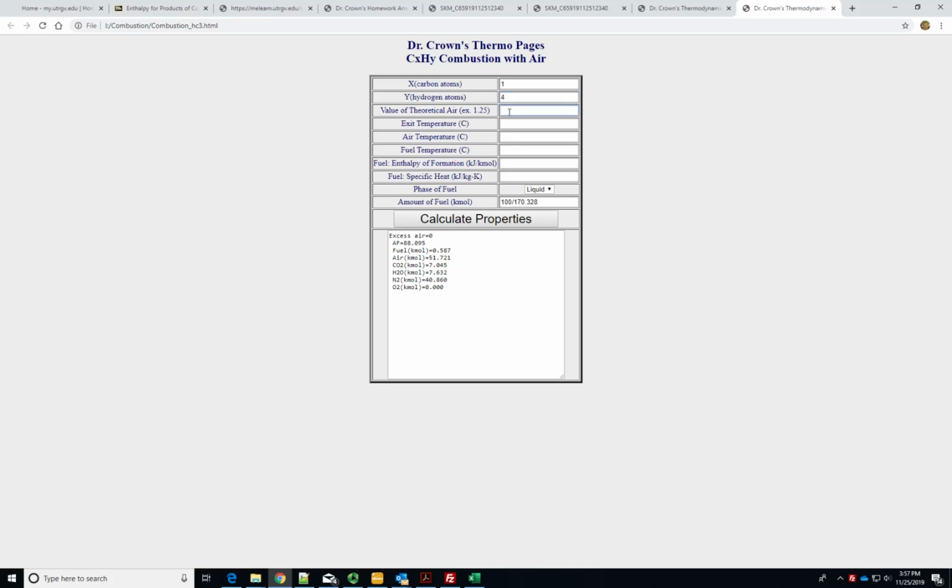This is 100 kilograms of fuel, but 16.04 is the molar mass. And let's see, what else do we need? 25% excess air. And we don't really need anything else.